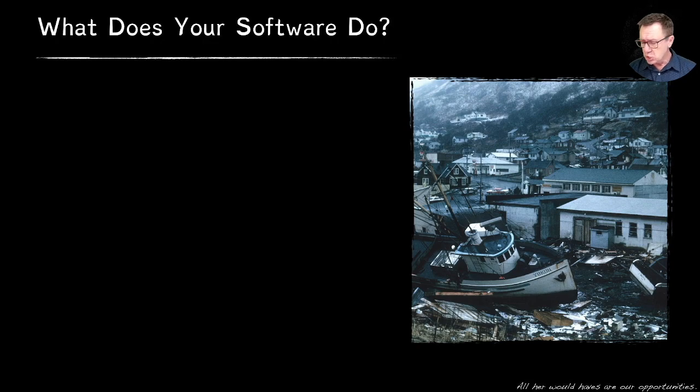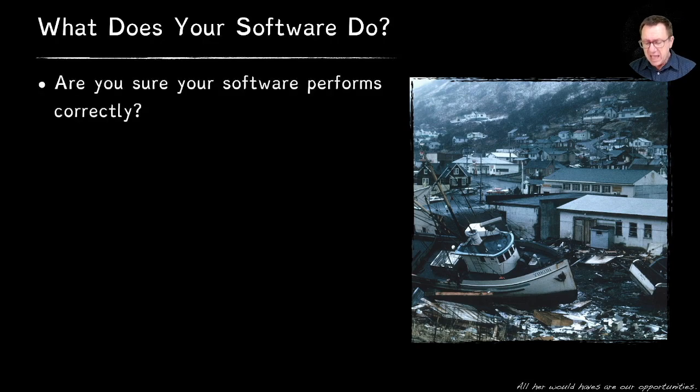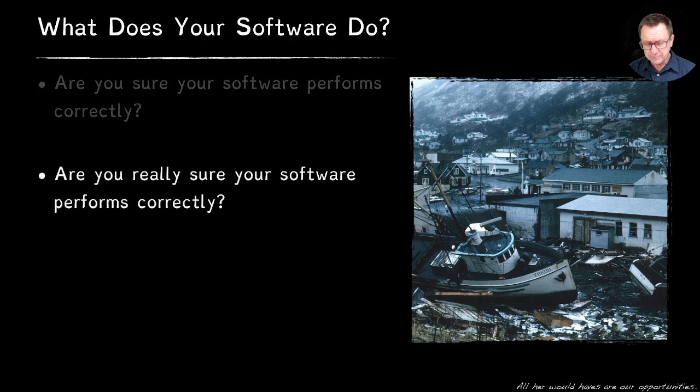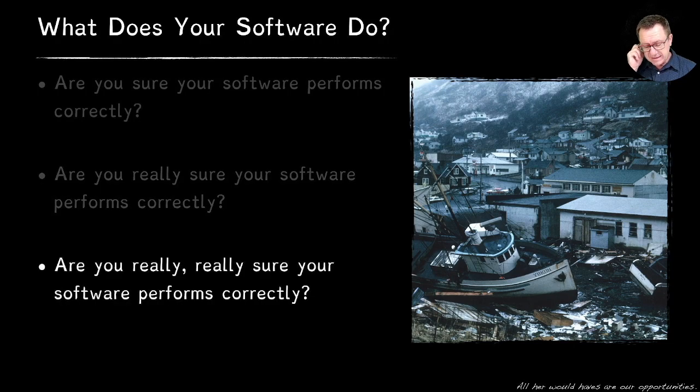So what does your software do? Are you sure your software does things right? Are you? Are you really sure your software does things correctly? Really? And are you really, and I go even further, really sure your software performs correctly?